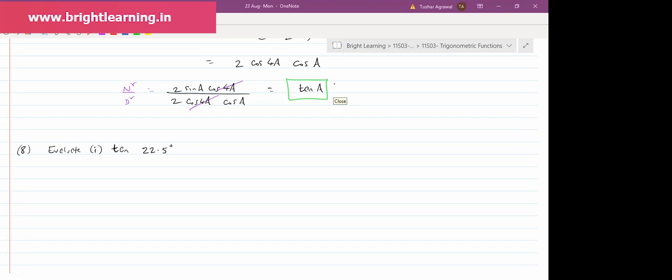Either you should be able to solve it or, if you're unable to solve, write exp. Yes, Pujita, correct. Very good.